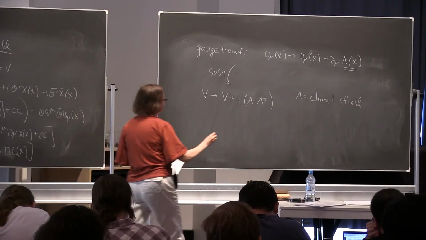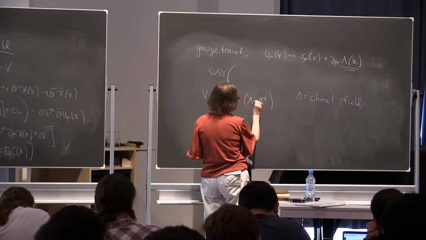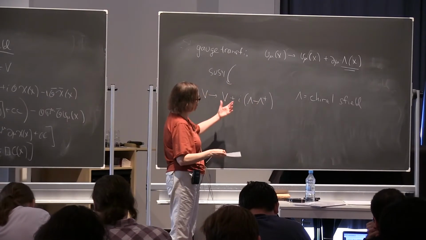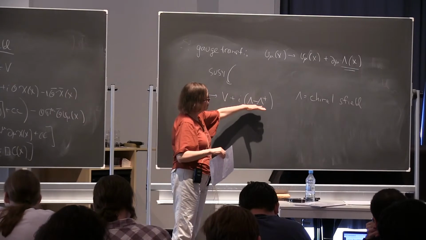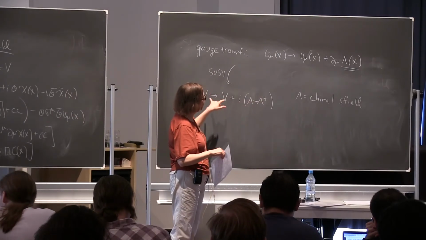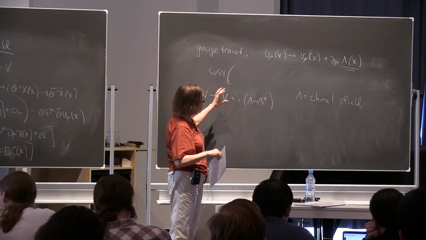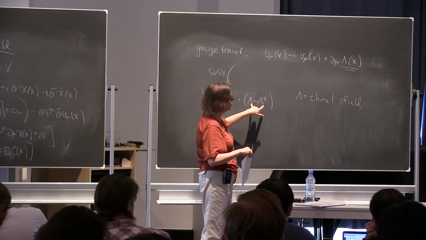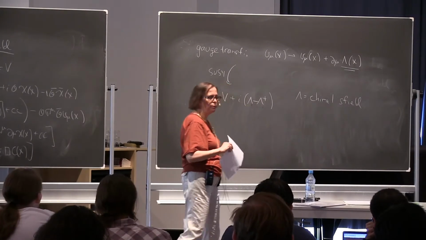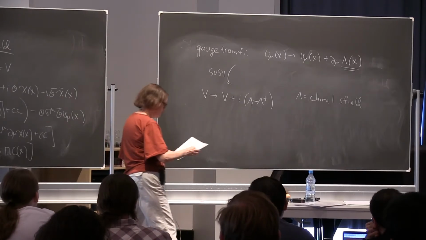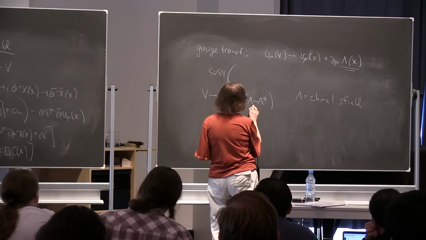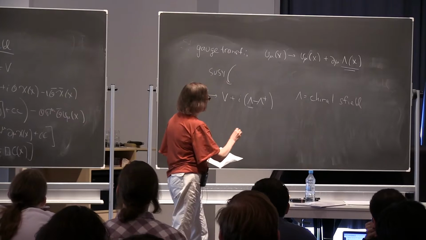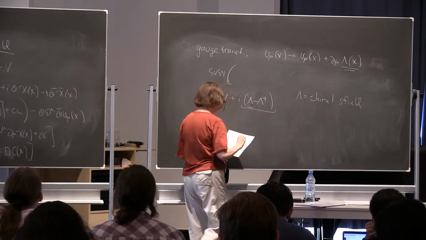Now, let's look at what I did here. I just used the fact that this guy has to become a superfield, and I want something that's real, so I have to take this combination of lambdas. I already know what the chiral superfield looks like, so I can write down what this thing is.